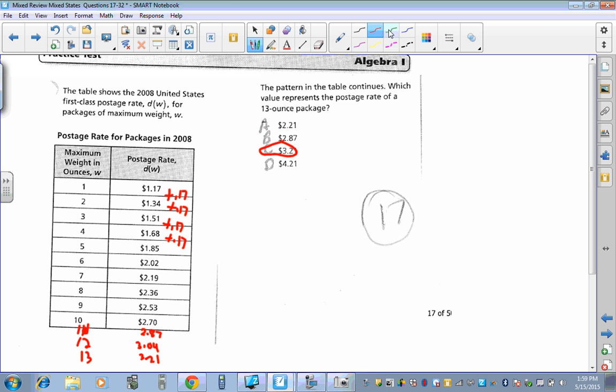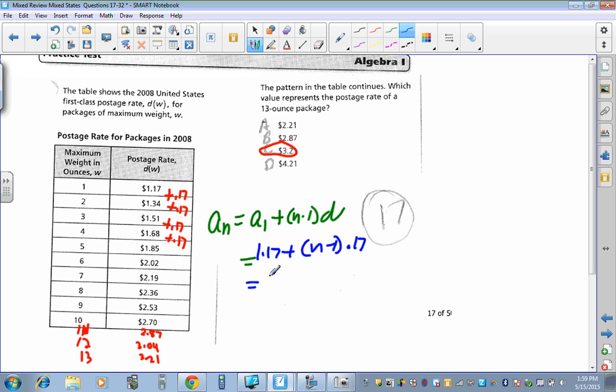Another thing you could realize is that these form an arithmetic sequence. The formula for an arithmetic sequence, which we do need to know for the EOC, is a1 plus n minus 1 times the common difference. a1 is the first item in the sequence, and that is $1.17. Our difference is 17 cents.